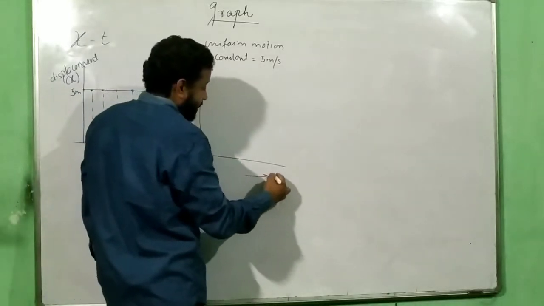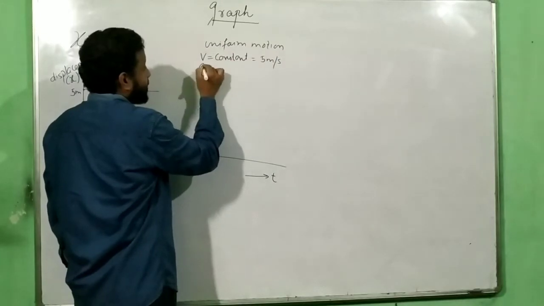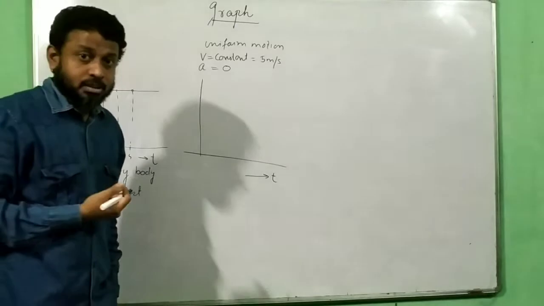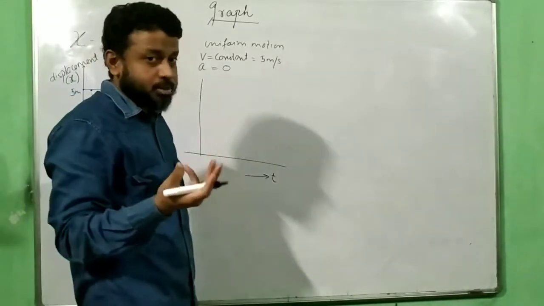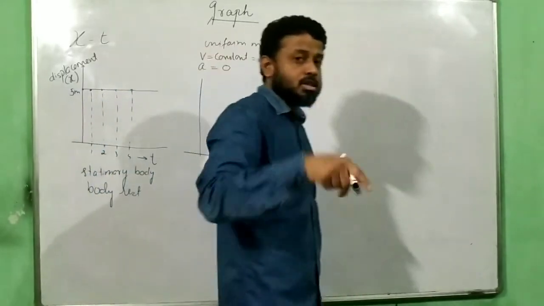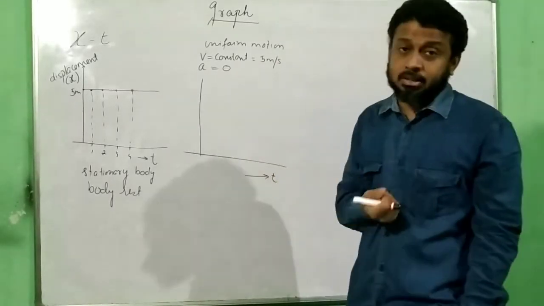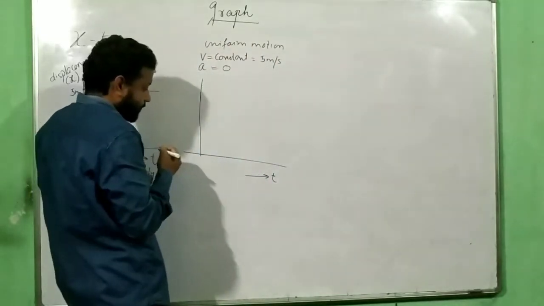If I consider that this is time t, in uniform motion, velocity is constant, and remember acceleration has to become 0. That is the meaning of constant velocity. Velocity is not changing, so definitely acceleration has to be 0, because that is the class 9 concept: acceleration is change in velocity by time. If the velocity is not changing, that means my acceleration is 0.